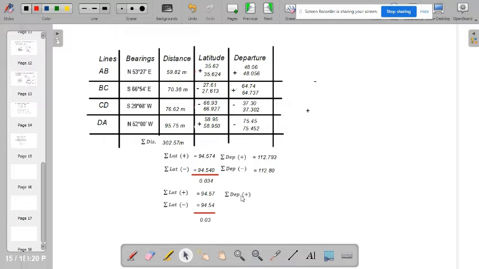Okay, so let's go to the departure. Two decimal places, this is here, and then the negative departure should be here.